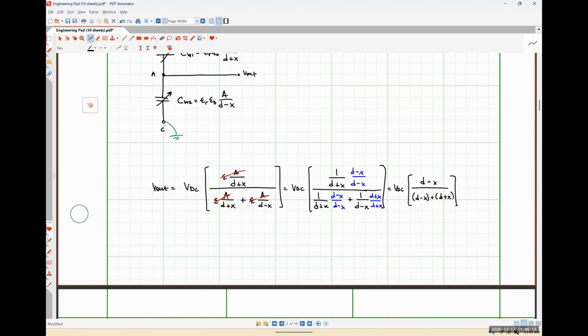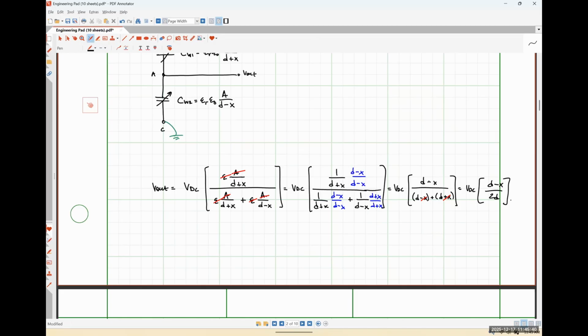It should be pretty obvious that this minus X and this plus X cancel each other out, leaving me with my DC bias voltage times D minus X all over twice D as my output signal, right?